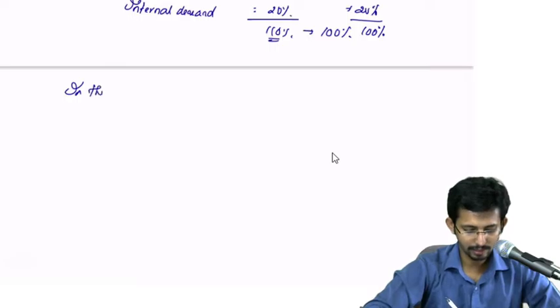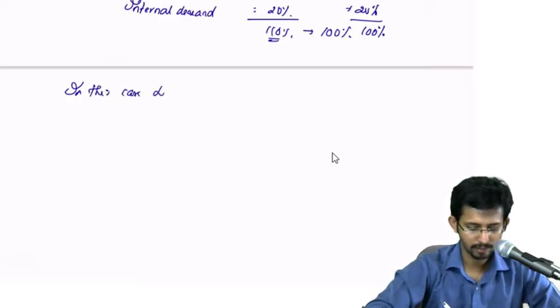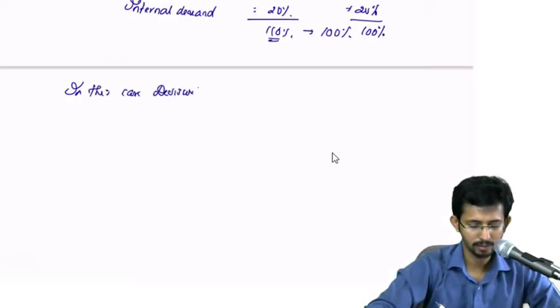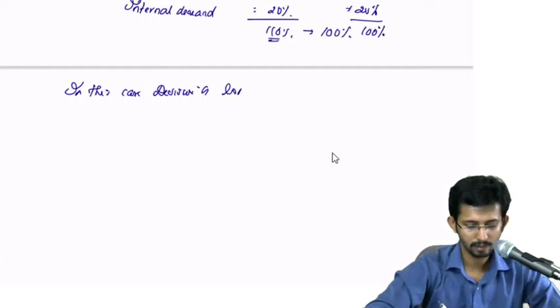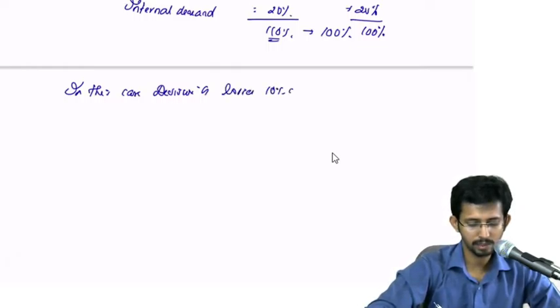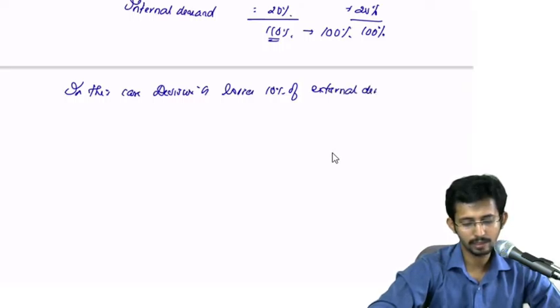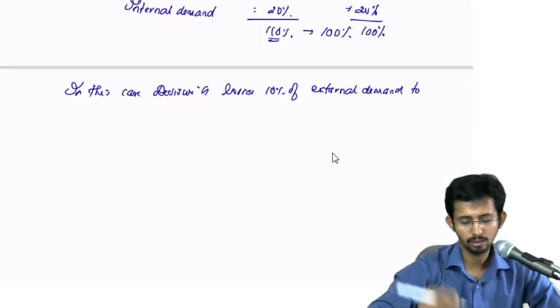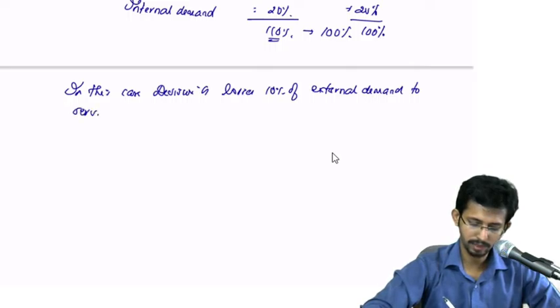In this case, division G loses 10% of external demand to serve the internal demand.